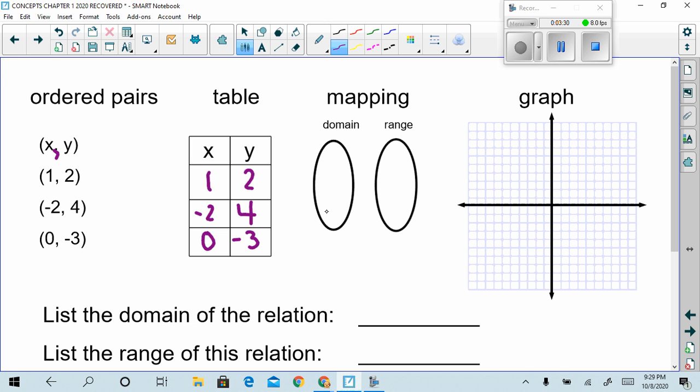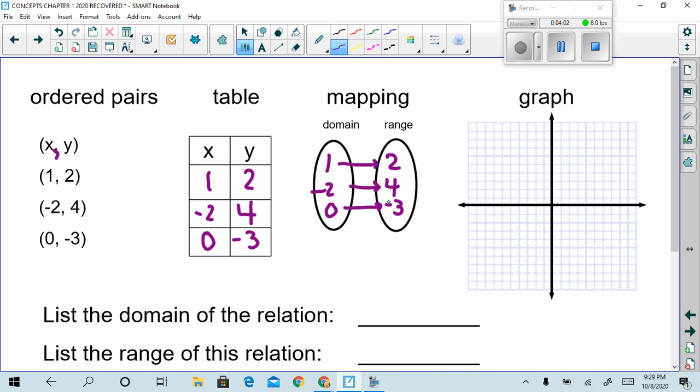If I'm looking at this, they're asking me again to list my X values, which I will call my domain or my input values. I'm going to look at this mapping and I'll see that 1 goes to 2, -2 will go to 4, and 0 to -3.